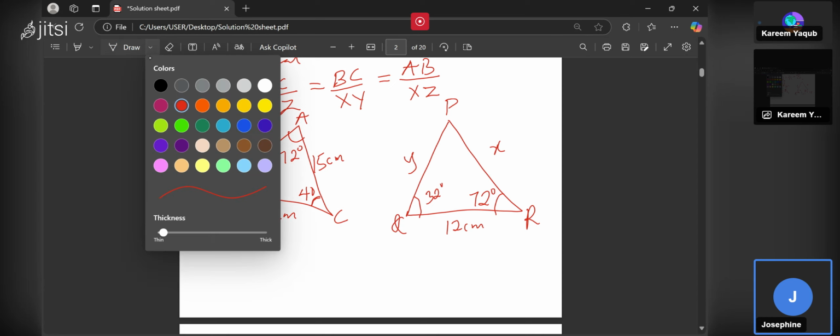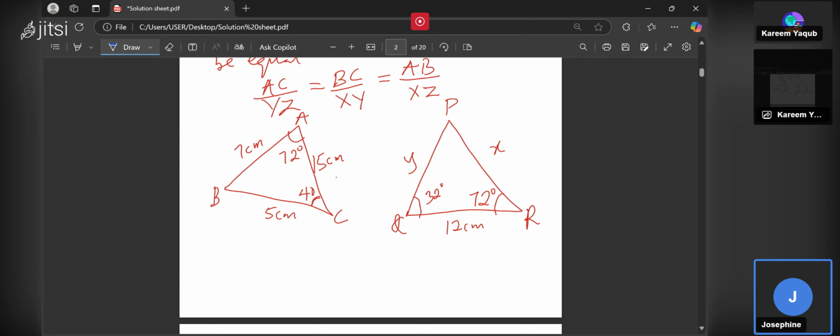So we go to the first shape that we have here, triangle ABC. We are given two angles, 72 and 40. So we need to find the third angle.